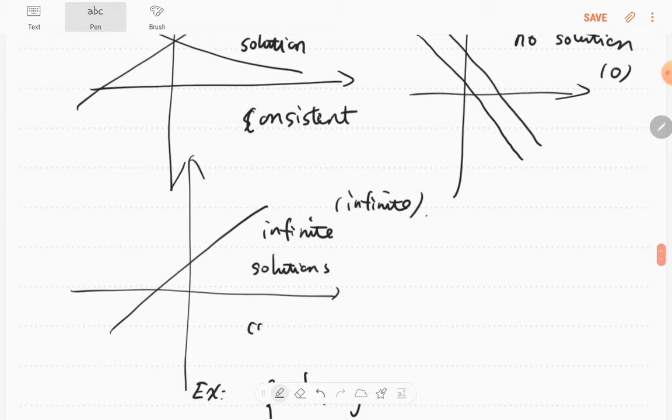This one is also called consistent because it has solution. It can be one solution or infinite solution. But if it has no solution, we will say it's inconsistent. Okay? This is just the definition. All right? So yes, has solution, then it's called a consistent. No solution, it's inconsistent. So that's for 4.1.